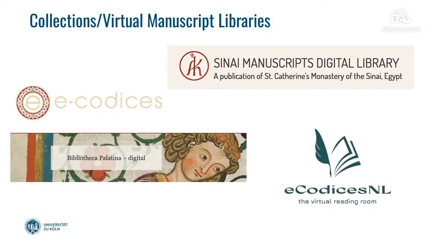eCodices, which is the Swiss manuscript library, where manuscripts from all over Switzerland are digitized, and the eCodices NL, which is the virtual reading room for manuscripts in Dutch collections that has been launched, I think, 3 years ago. Then the example of the Bibliotheca Palatina digital, which is a virtual reconstruction of a medieval library.